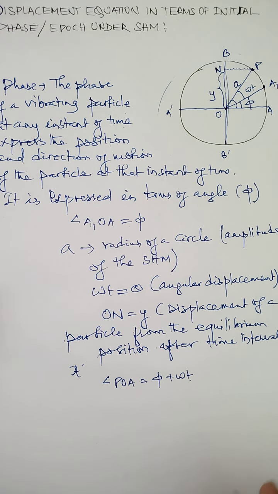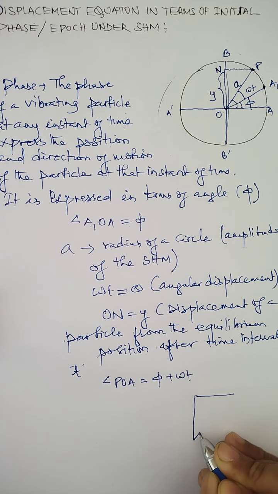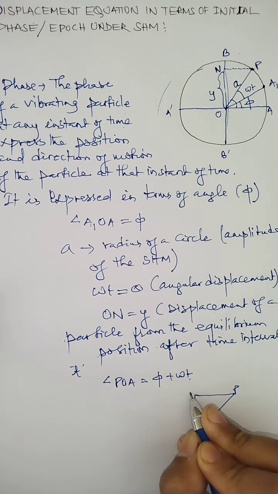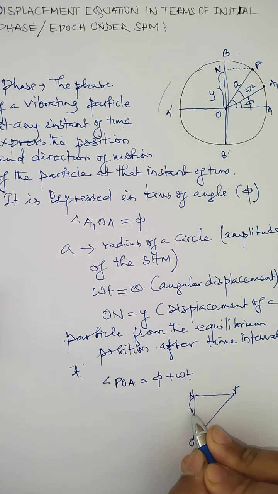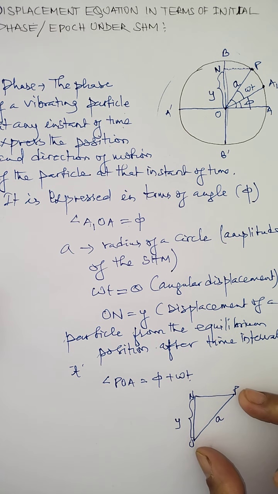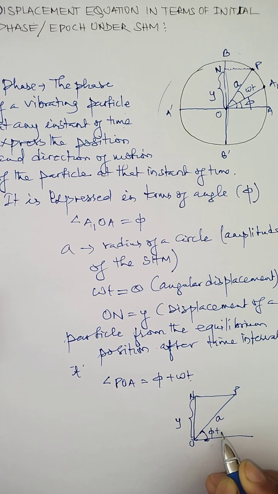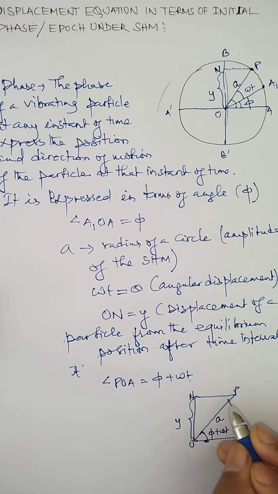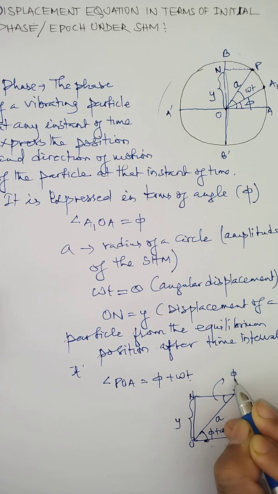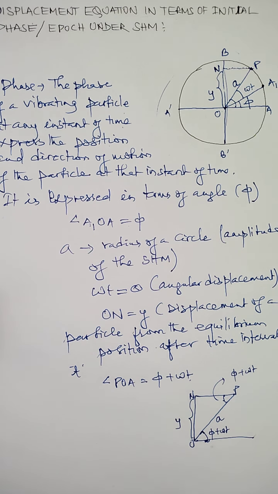Now, if you look at this diagram, children, there is a right angle triangle formed by the displacement of the particle with the equilibrium line. This is P, this is N, this is O. This is the displacement we need to calculate, and this is the amplitude, which is equal to the radius. If this whole angle is phi plus omega T, then this angle in the right angle triangle is also phi plus omega T. Why?